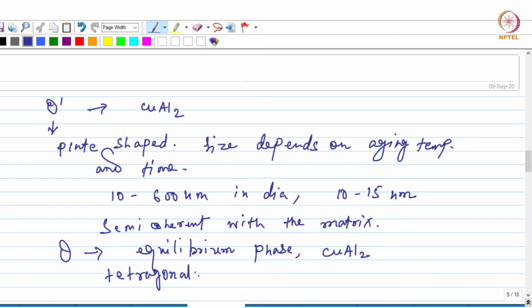And as we have discussed, this is no more coherent with the matrix and also coarse in size. And therefore, when this phase forms, the hardness decreases.